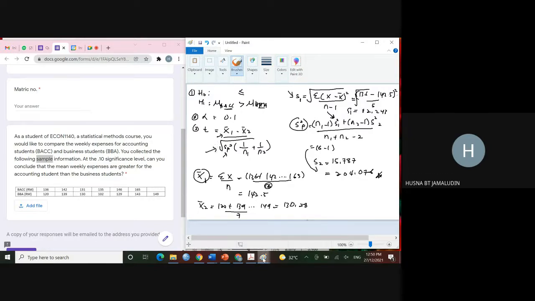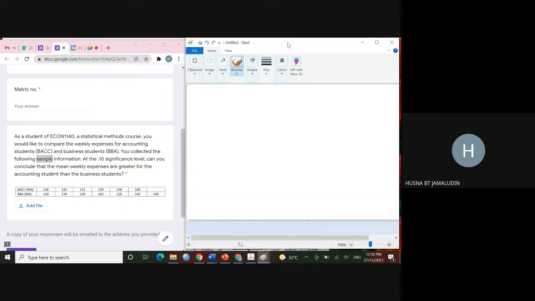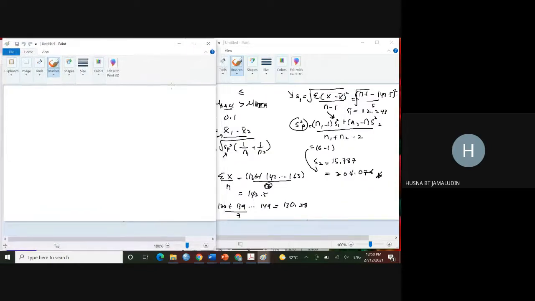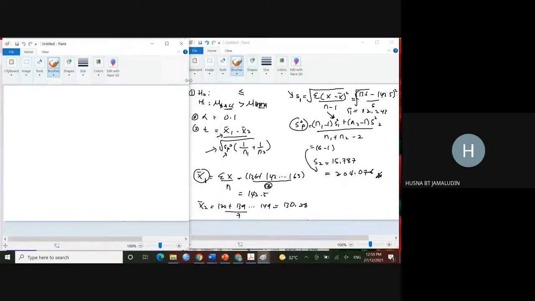Then you can plug into the formula of T. I should actually separate the formula for computing the T, but I forgot.